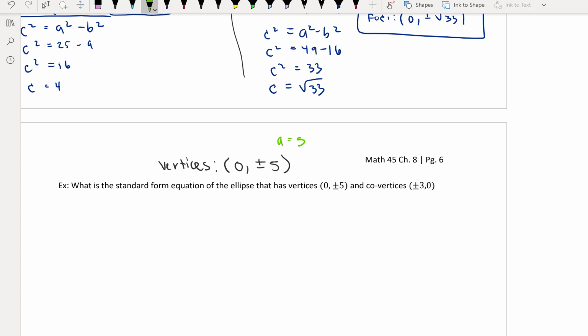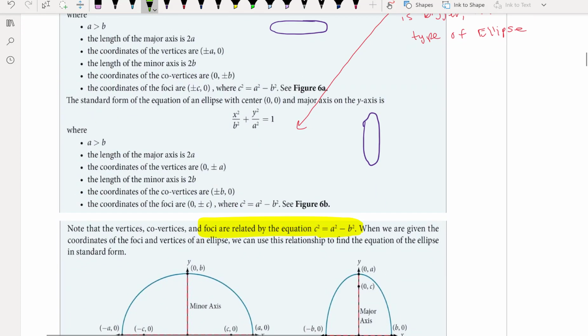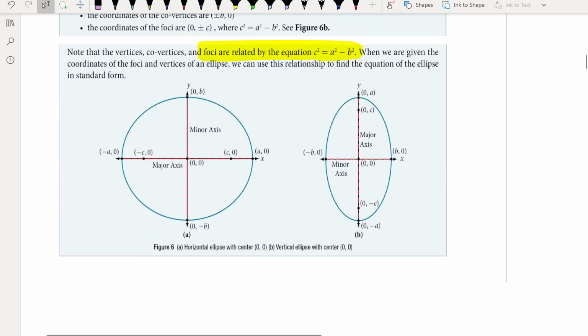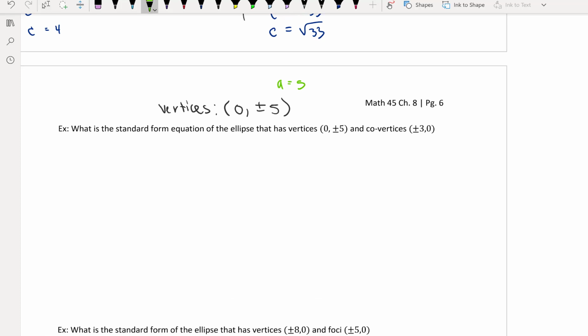Perfect. And now the covertices, since it's plus or minus 3, comma 0, well again, I know that the covertices is plus or minus b, comma 0. So this tells me that my b value is equal to 3, which is perfect.